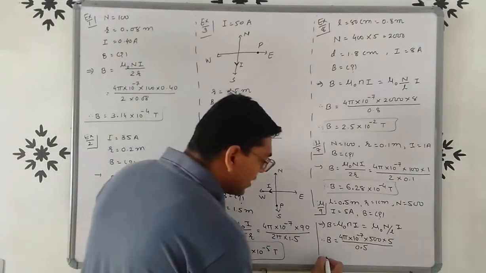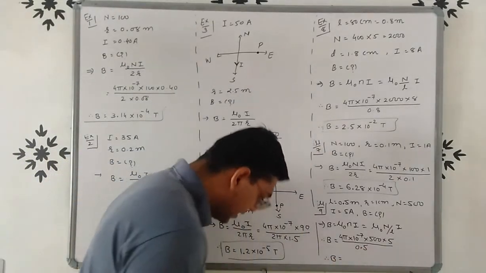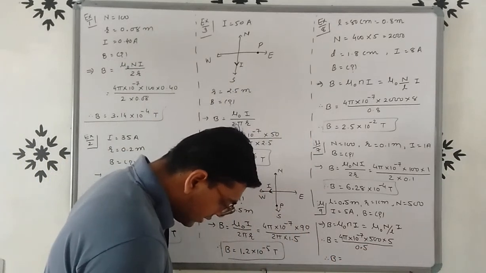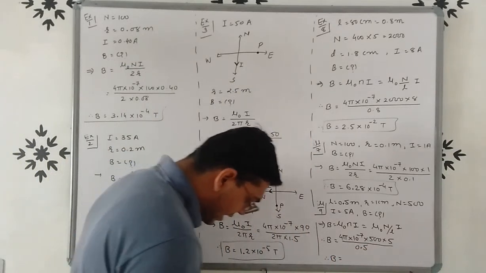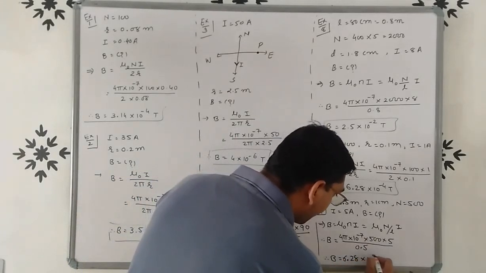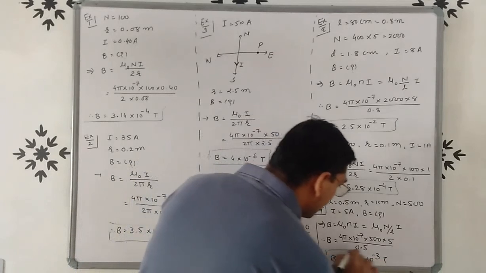As you calculate this, you will get the magnitude of magnetic field B equals 6.28 into 10 raised to minus 3 Tesla, right?